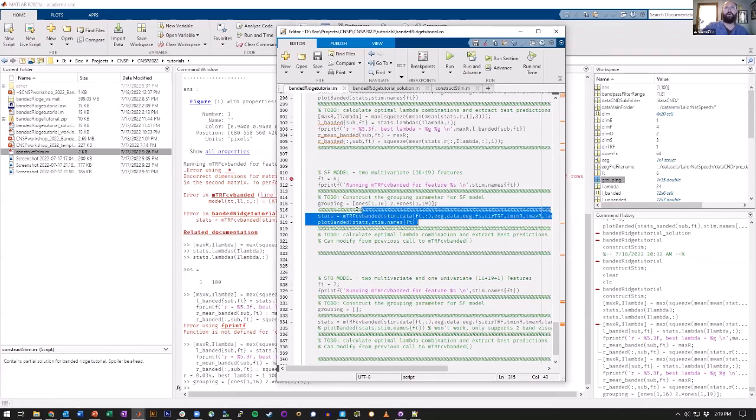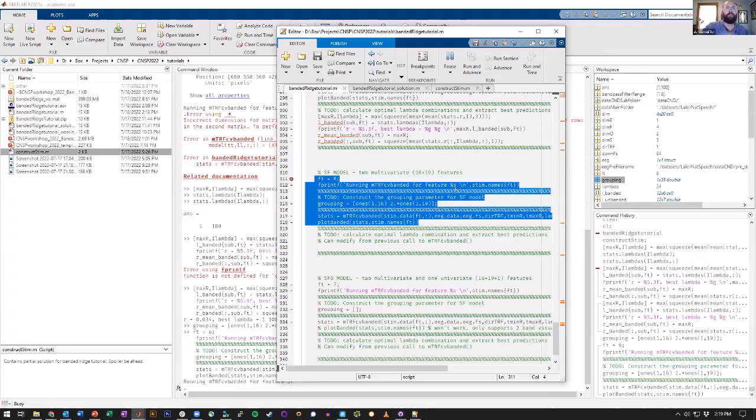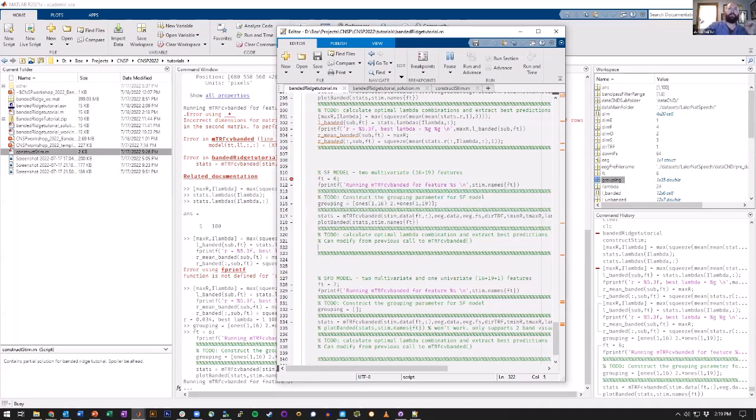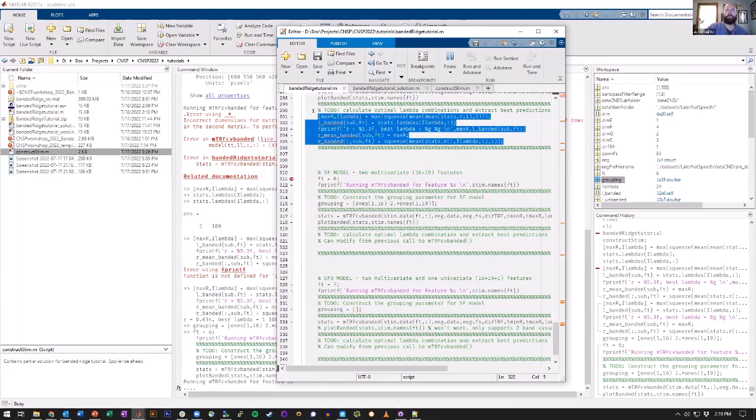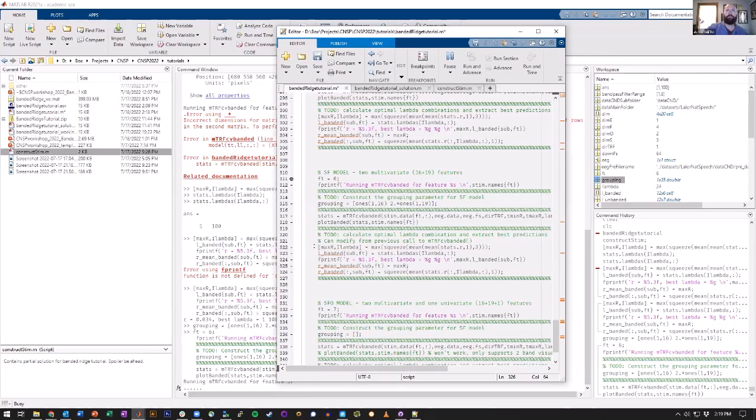And I will highlight these and execute them. While that's running, you can do this part, which is literally just copy and paste here.